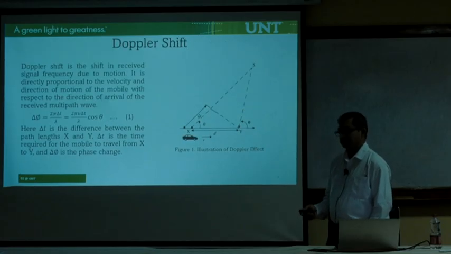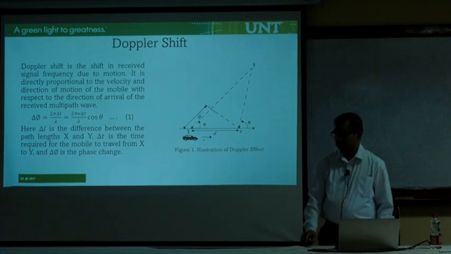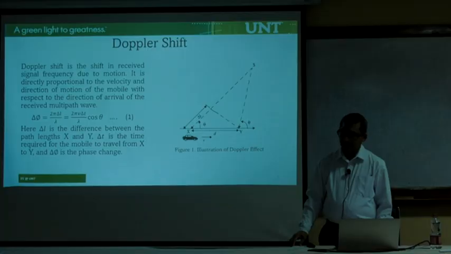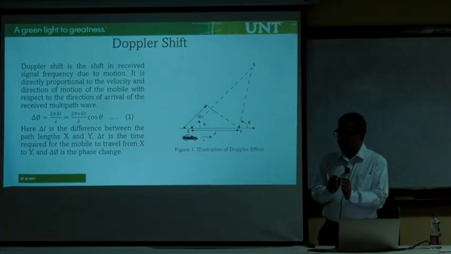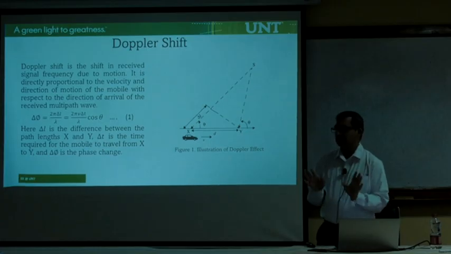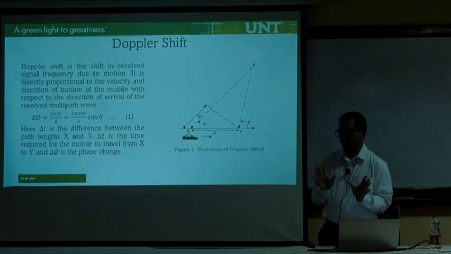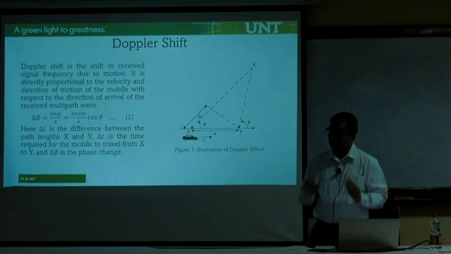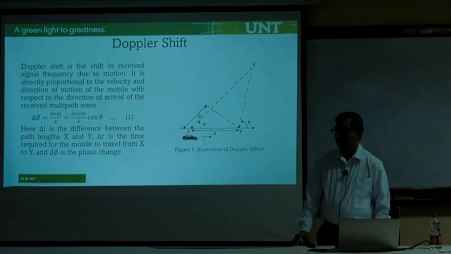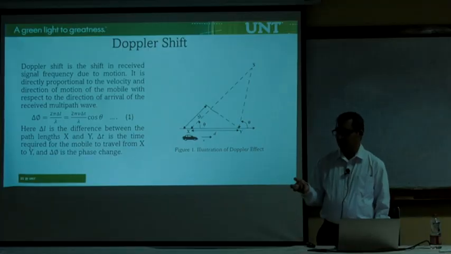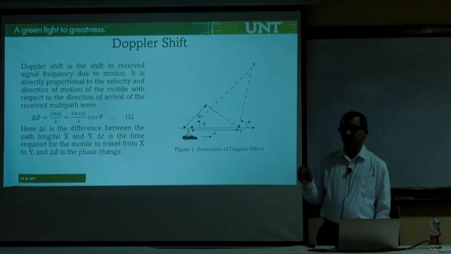OFDM works when one of the transmitter or receiver is stationary and the other can be moving. In general, we only consider the relative speed, so we are okay if both are moving. But if both are moving at different speeds, then the relative motion will be something else, and will be higher.